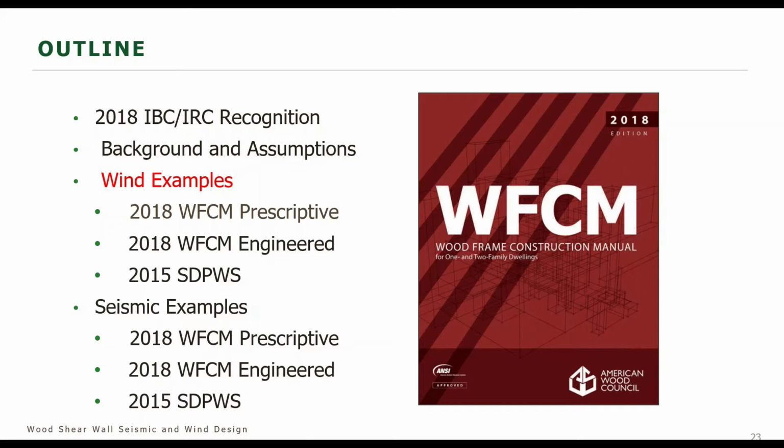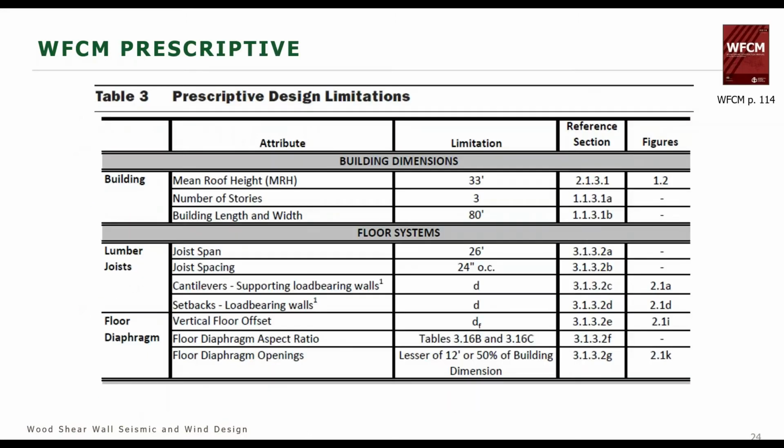A slightly more number intensive approach would then be the second approach we're going to use, the 2018 WFCM engineered. And then the most engineering intensive approach would be the third approach, which we'll look at, which will be the 2015 special design provisions for wind and seismic. So let's start again with the WFCM prescriptive.